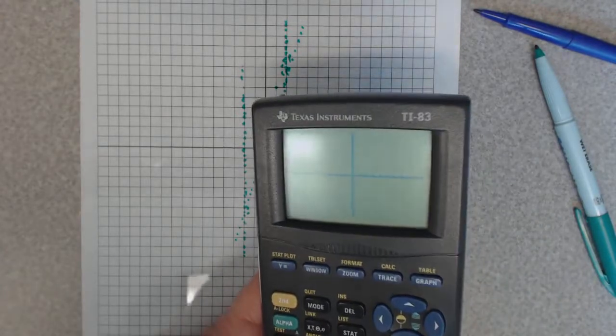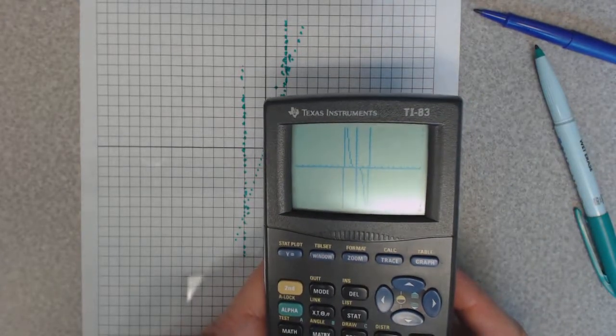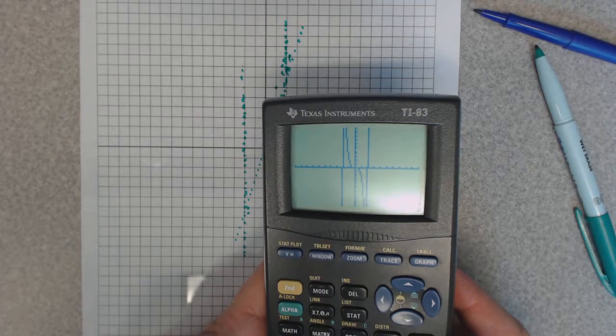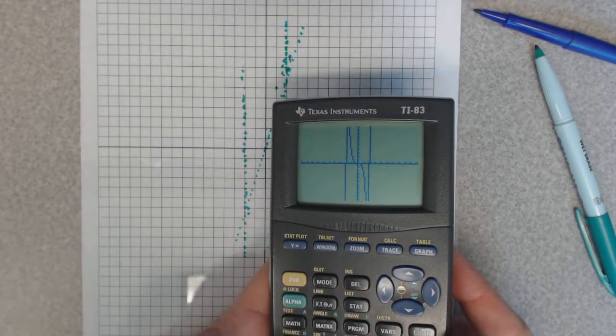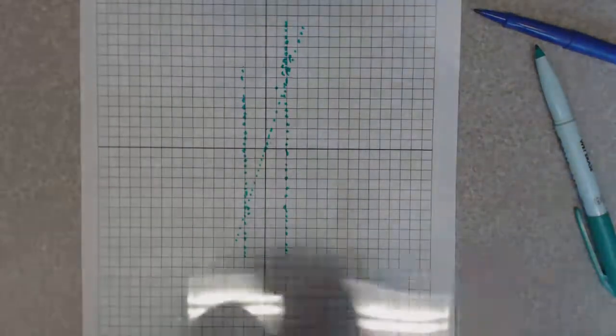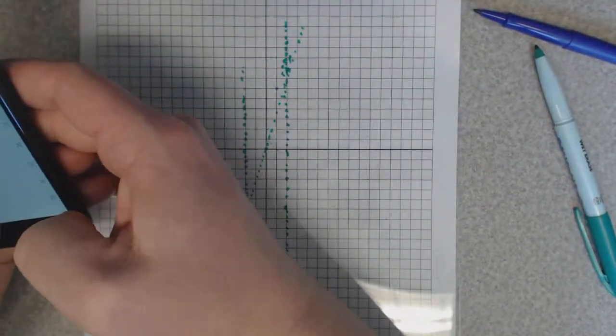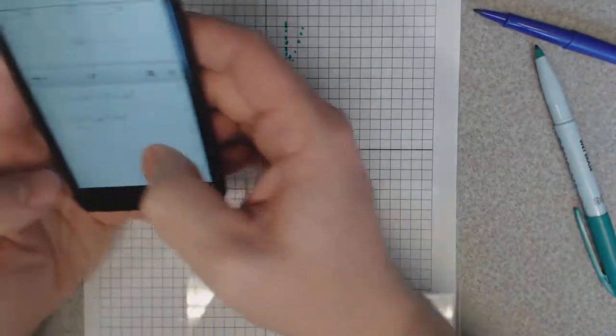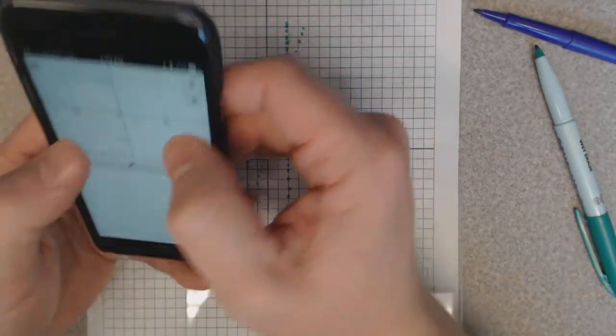Graph. So, what does that tell us? Let me type this other one in here.